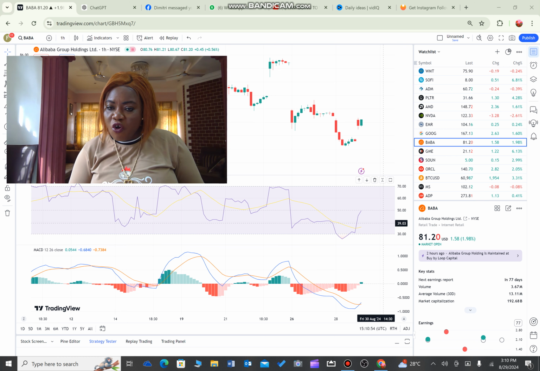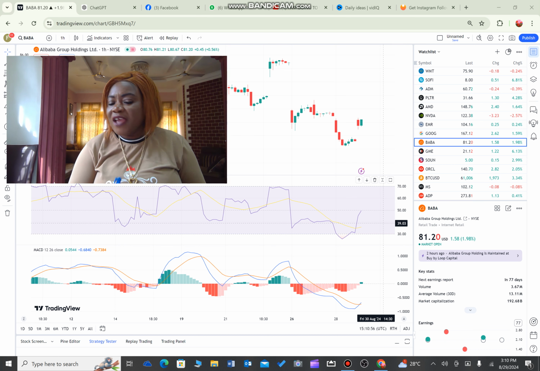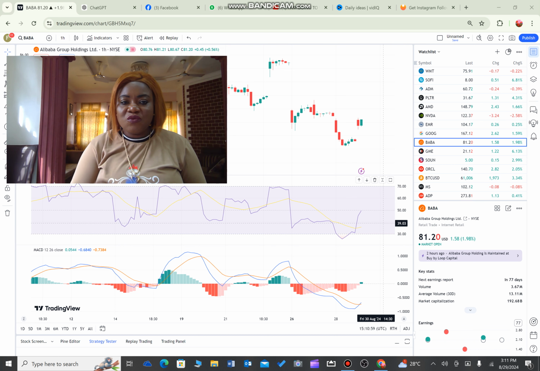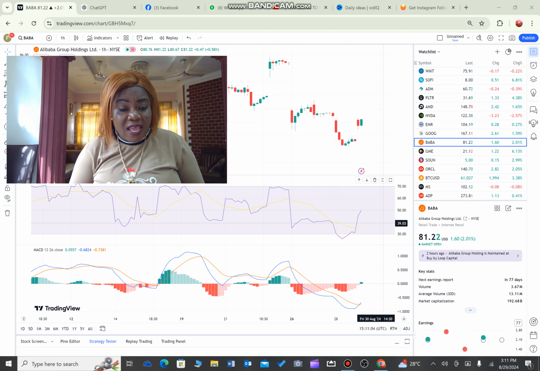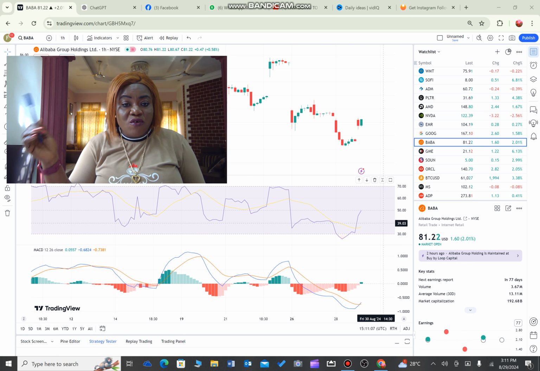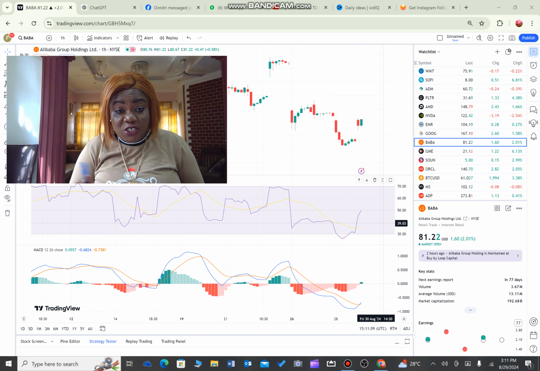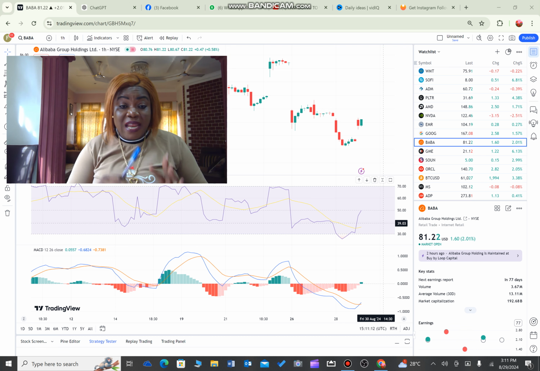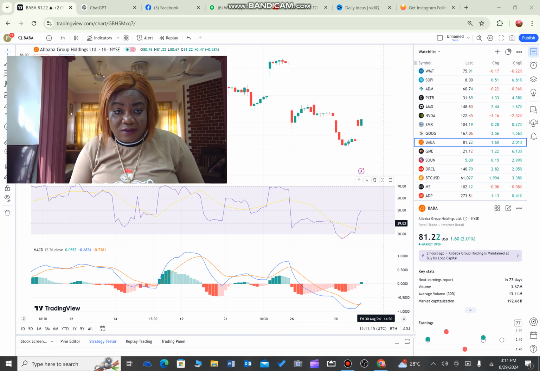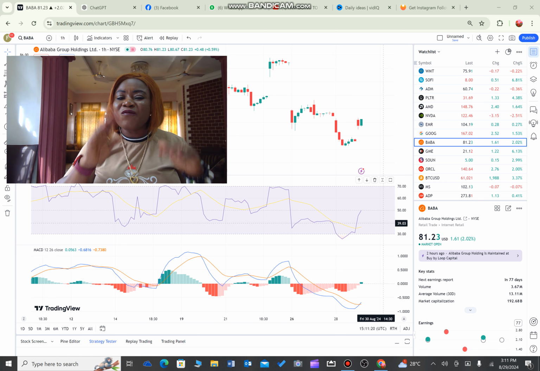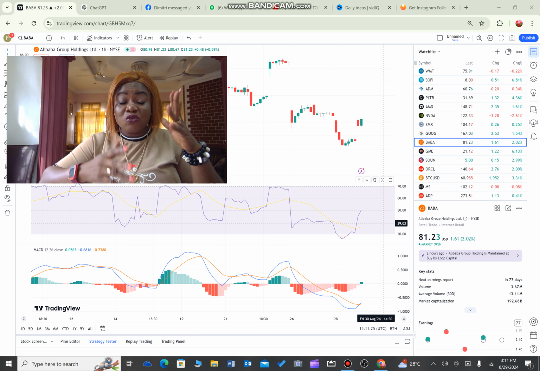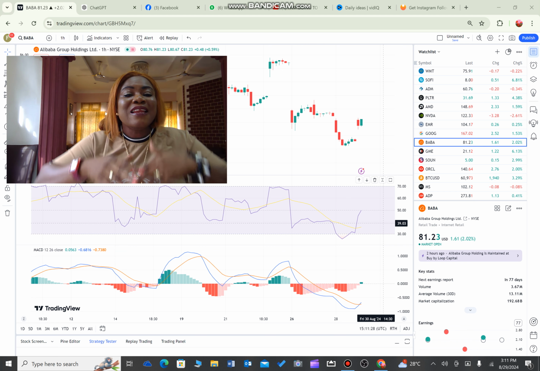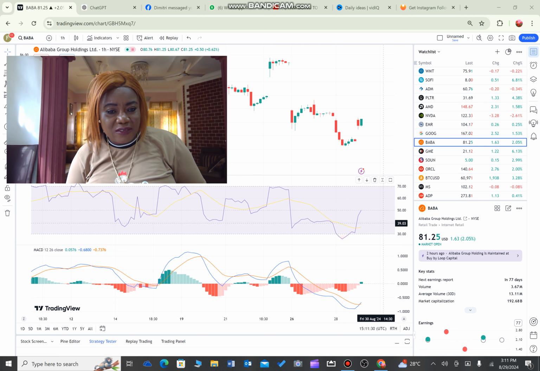Remember, if you buy a call when the RSI is 30, say today is the 28th, and you've bought the call as against the 30th of August, and on the 30th of August the price is still lying there, you may run into losses or you may make no profits. So you must trade stocks that are volatile. By volatility, I mean the price of the stock goes up and down. At least every day you should see some movement in the price of the stock.